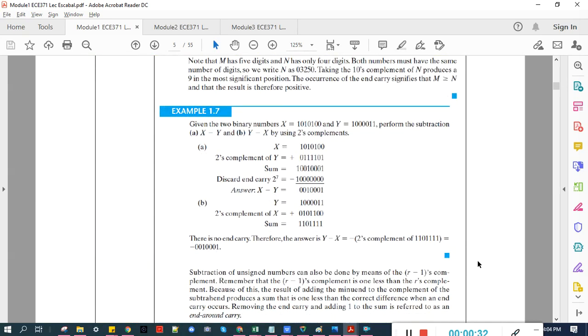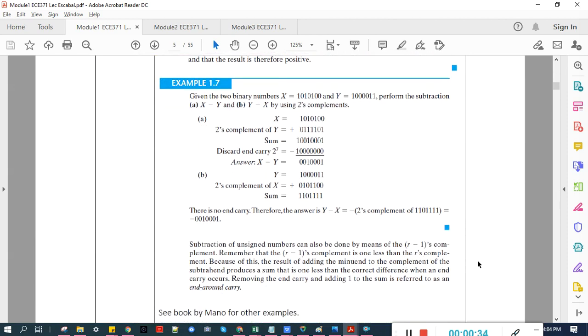So example 1.7. Given the two binary numbers x equals 10101000 and y is equal to 10000011. These are both in binary. Perform the subtraction x minus y and y minus x by using 2's complement.